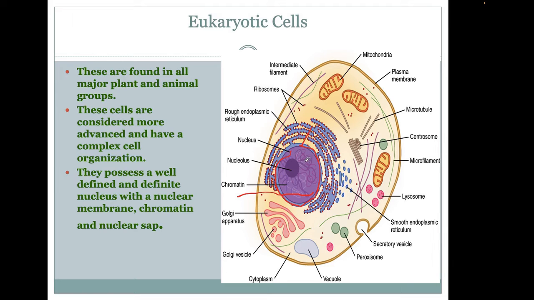In this nucleus, they have nucleolus, nuclear membrane, chromatin and nuclear sap. This is the chromatin, the light brown is the chromatin. Hair-like structures are present in this, and this is the nuclear sap.